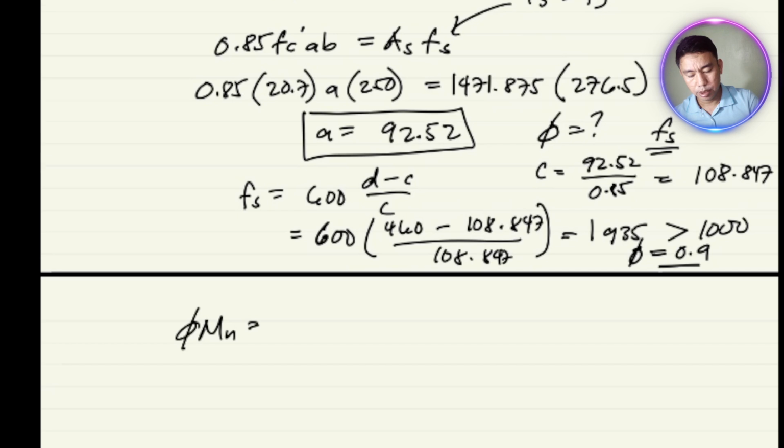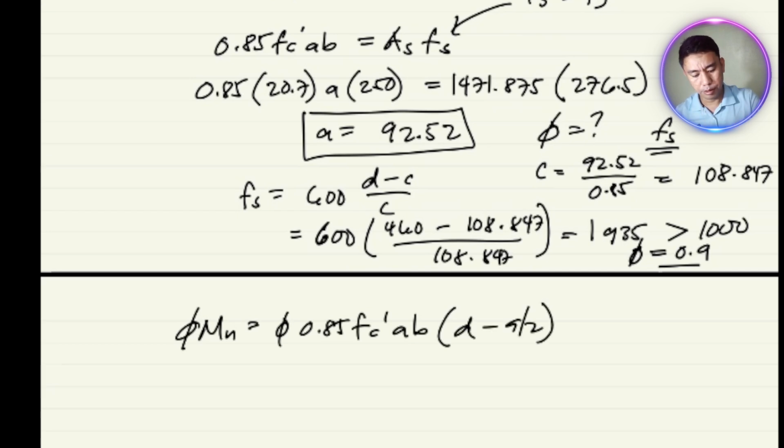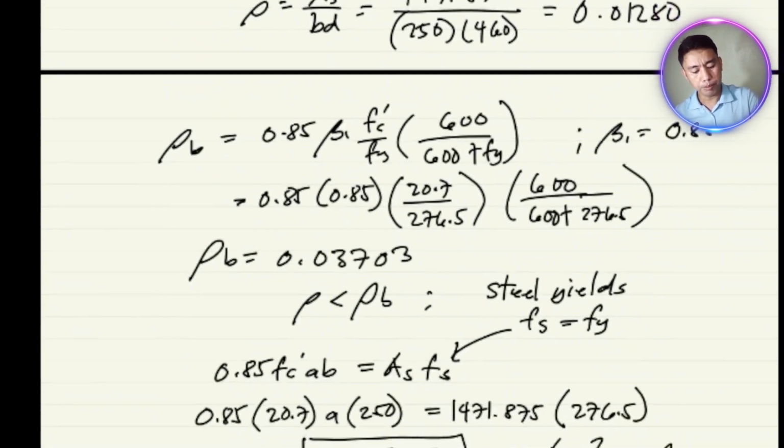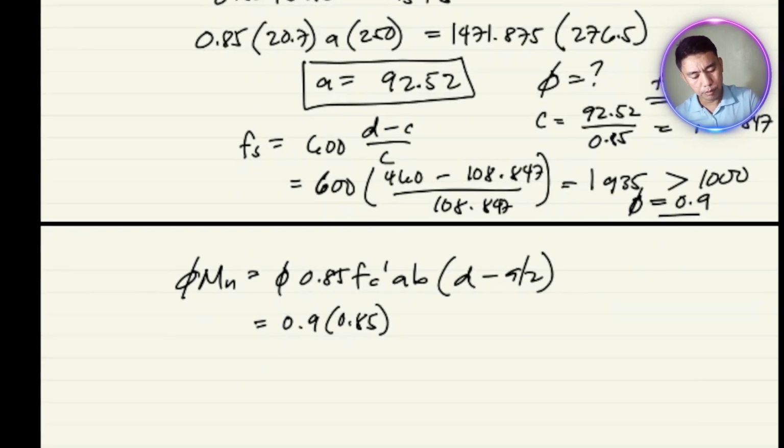So, we can solve phi Mn now. Phi Mn is phi times 0.85 Fc prime AB times D minus A over 2. So we have 0.9 times 0.85 times Fc prime, 20.7. Our A is 92.52.